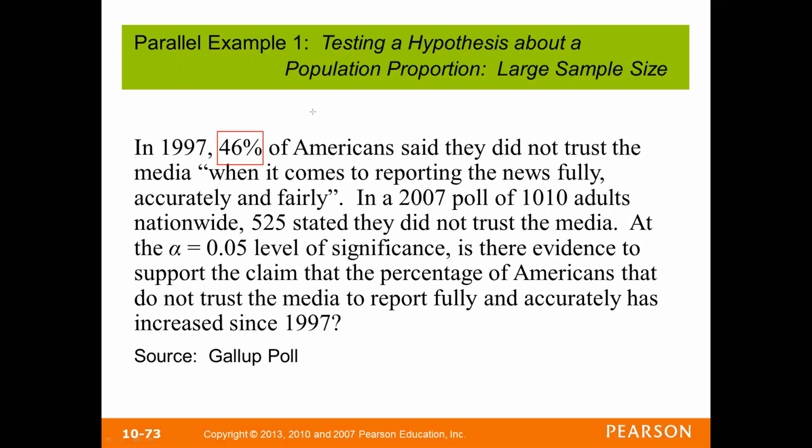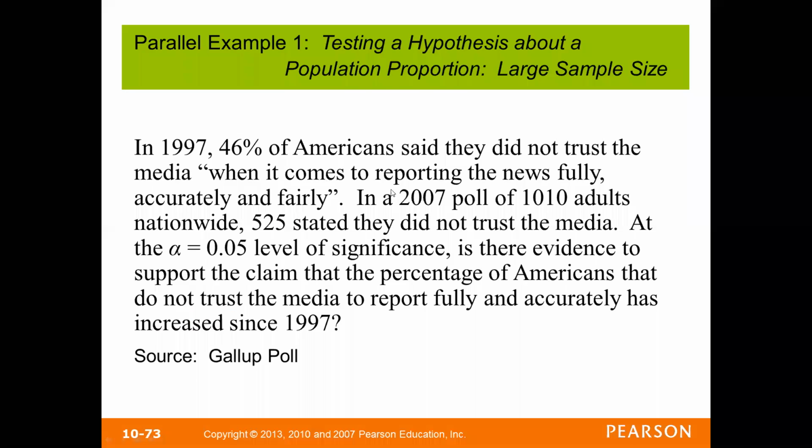In that new sample, we have a number that we surveyed and a number that had the characteristic we're interested in that will give us a point estimate for this new poll. We want to know if these results are statistically different than the preconceived percentage that we had. I want to know, has it increased since 1997?